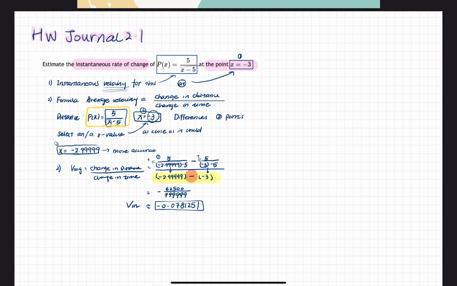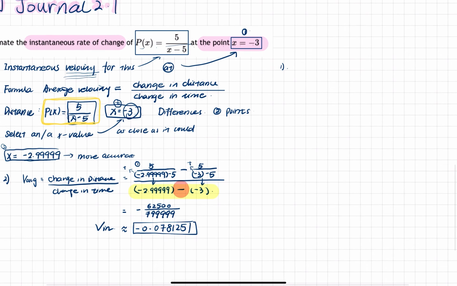So here are some tips. First, you would like to choose an x value that is close, super duper close to our studied value.